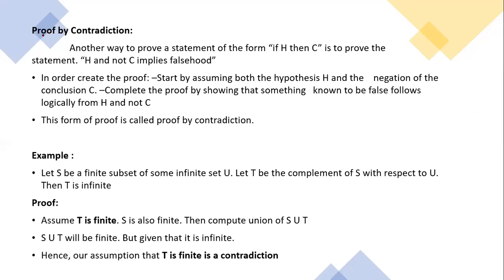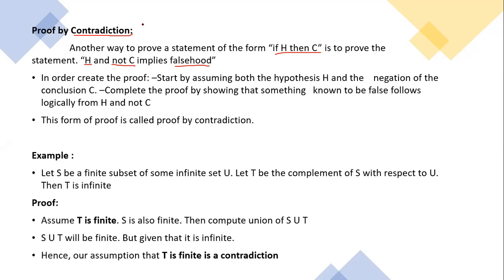And the next one is proof by contradiction. Contradiction is nothing but, if H then C, how to prove that: H is true and not C. C is false, which implies falsehood.